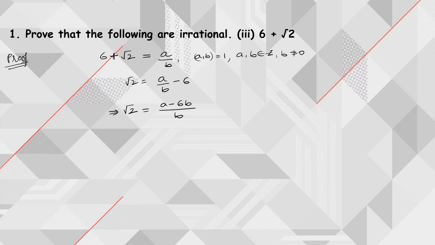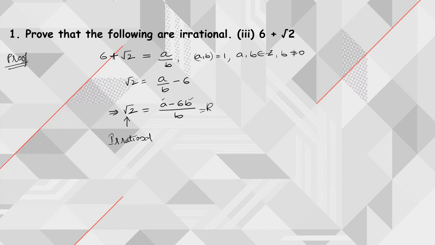Now if you observe, we have already learned that root 2 is an irrational number, and on the right hand side a is an integer, b is also an integer. So 6 times b is an integer. So a minus 6b, integer minus integer, is an integer, and the denominator also contains an integer.